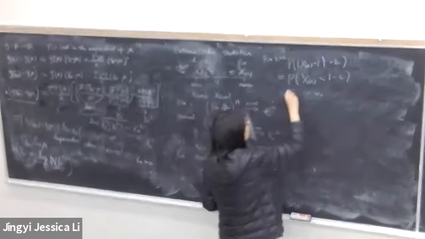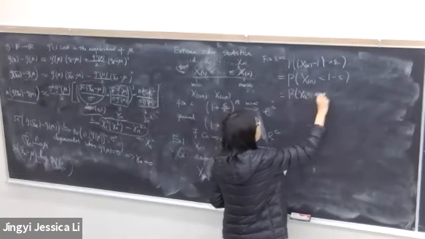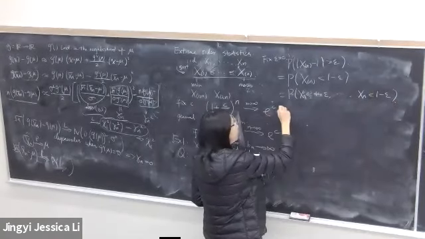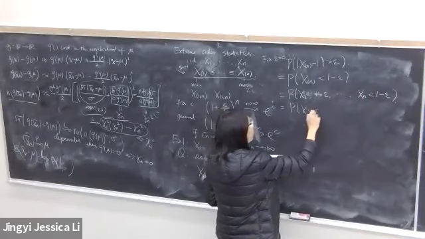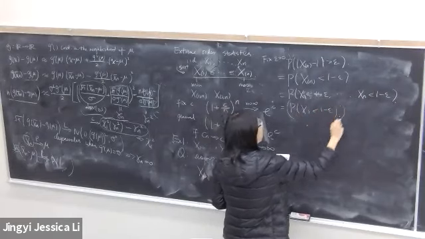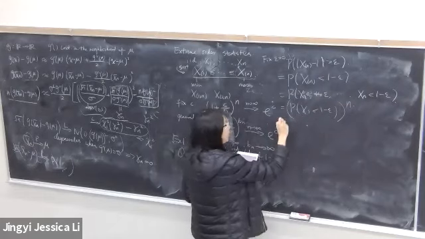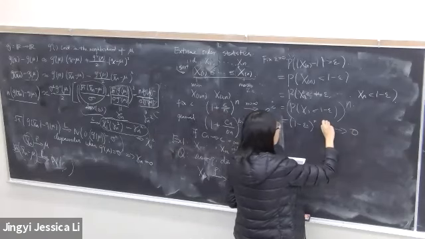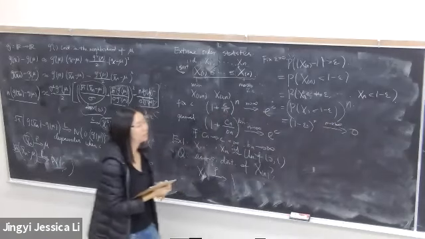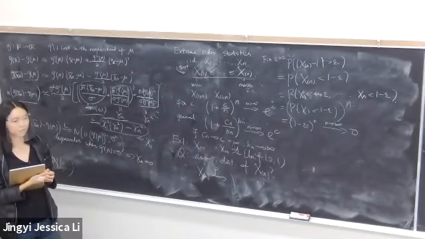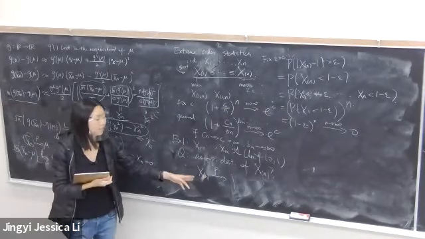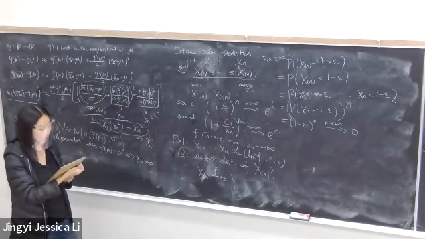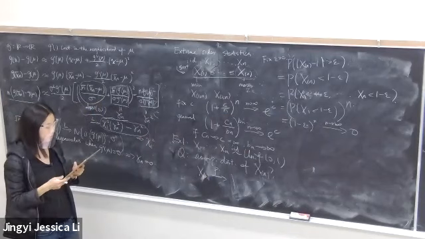So this is the probability of X1 less than 1 minus epsilon raised to the power n, and that's just (1 minus epsilon) to the power n. Obviously, this goes down to 0 as n goes to infinity. So we use the definition of convergence in probability to prove that 1 is indeed the limit in probability for my maximum.